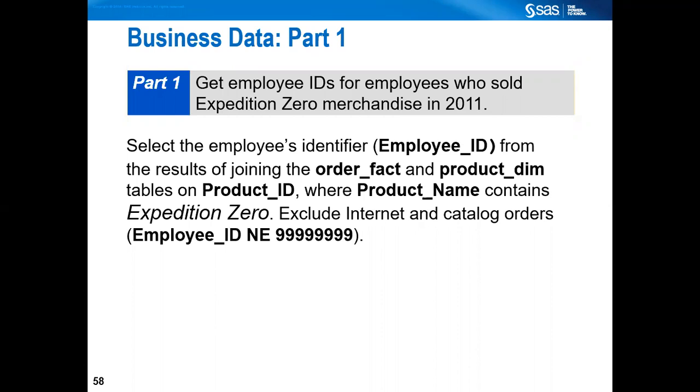You go to the internet, from the website or from any catalog sale, you select the catalog item or the product ID and you purchase the product. Correct? So there is no sales representative taking any role in selling this item. So you cannot use internet and catalog orders.